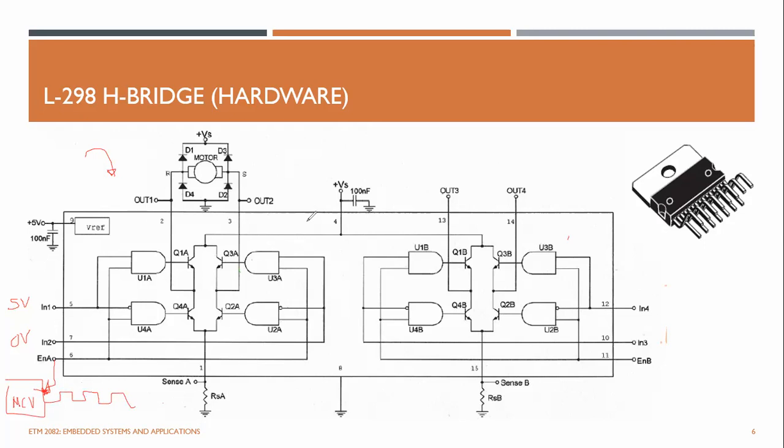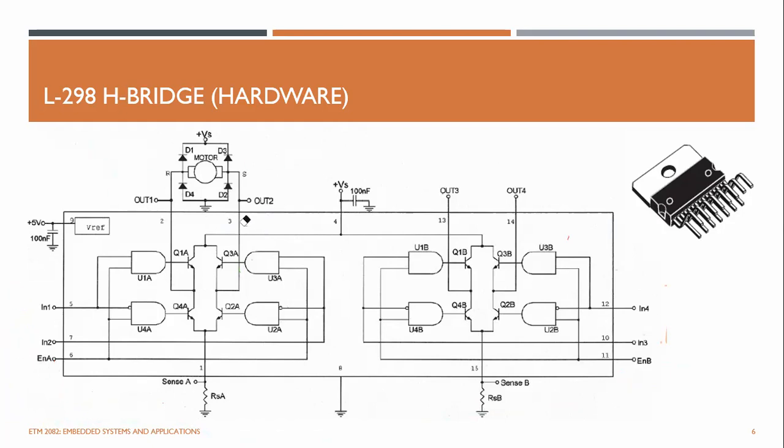If you want to drive another motor, you can connect another PWM pin of the microcontroller and couple to it here. If you want the same speed for the other motor, you can couple the same PWM signal here, because you just need one single PWM signal.